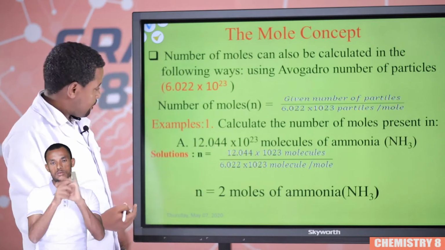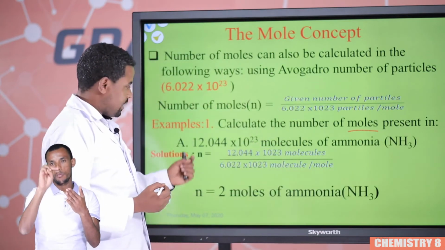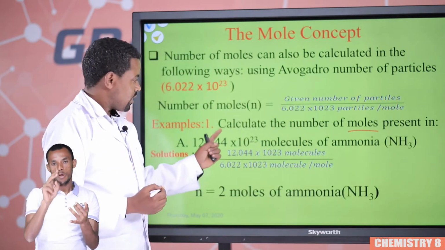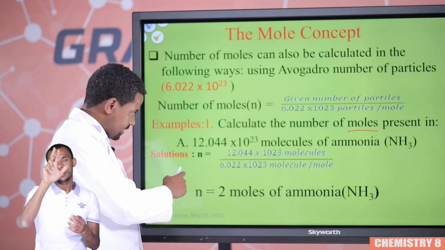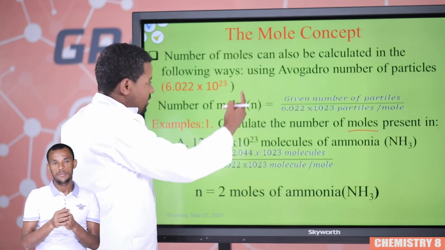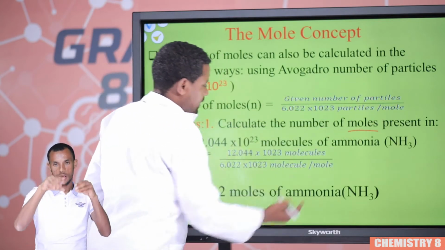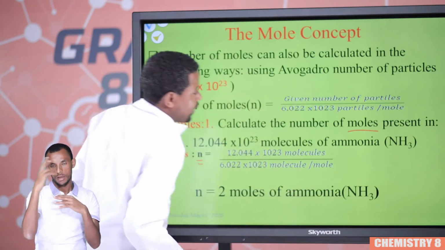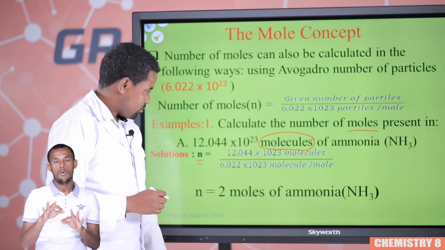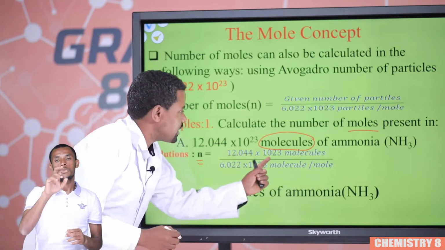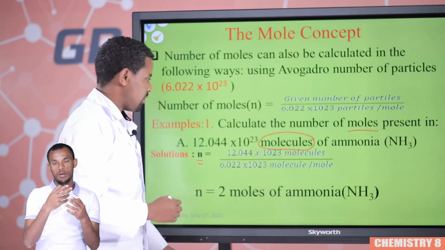Look at the example here. Calculate the number of moles present in 12.044 times 10 to the power of 23 molecules of ammonia. In this example, the number of moles, n, is equal to the given number of particles, which in our case are molecules: 12.044 times 10 to the power of 23 molecules divided by the Avogadro number of molecules per mole.